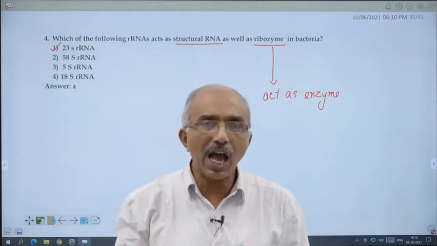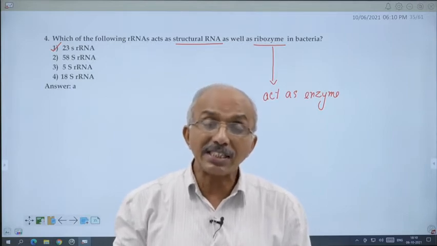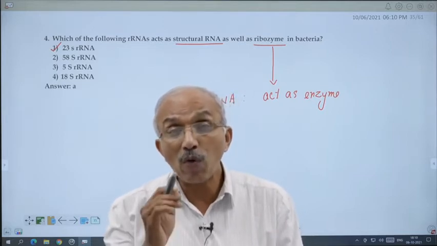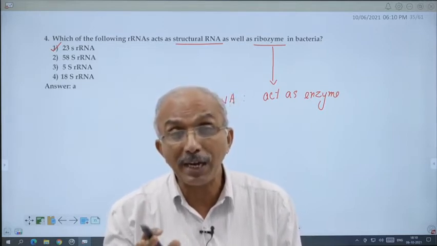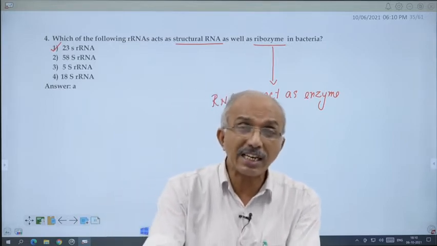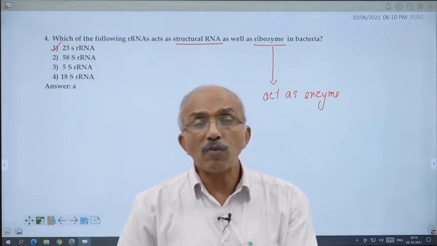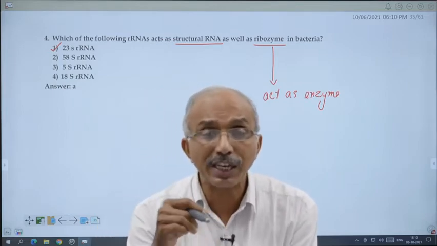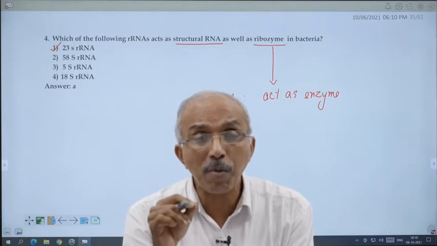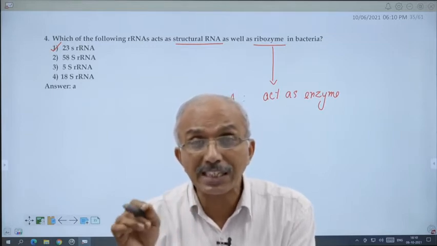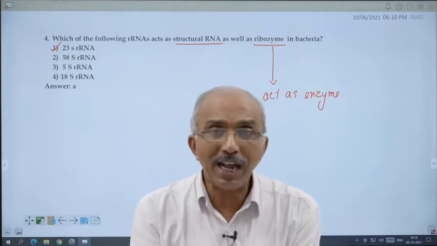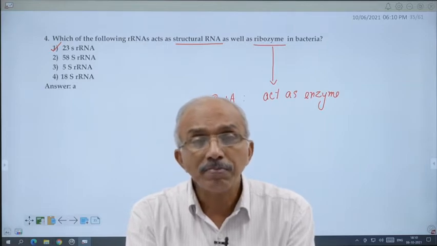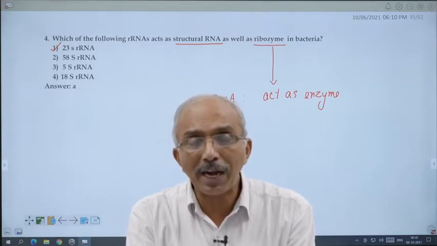It acts as an enzyme for the formation of peptide bond. Generally, the enzyme which helps in the formation of peptide bond is called peptidyl transferase.